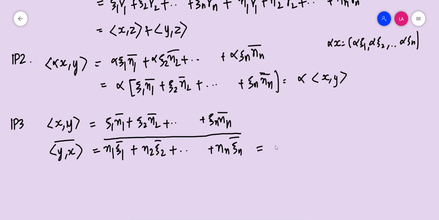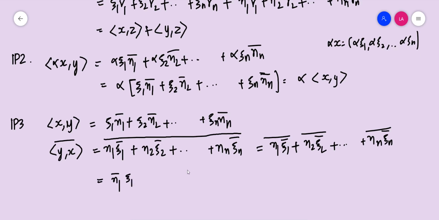So this should be equal to the conjugate of (eta 1 theta 1 conjugate) plus the conjugate of (eta 2 theta 2 conjugate) plus etc. the conjugate of (eta n theta n conjugate). Now this can be written as eta 1 conjugate times theta 1 conjugate, the whole conjugate, which is equal to theta 1.